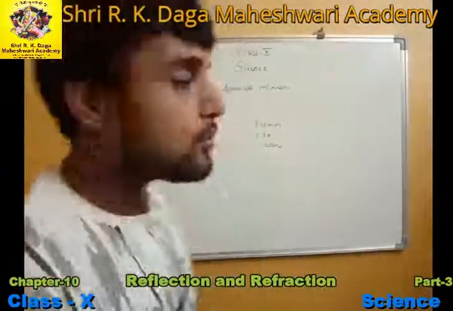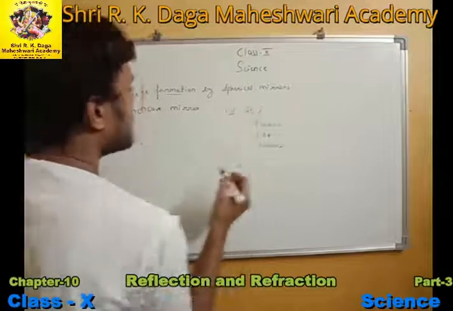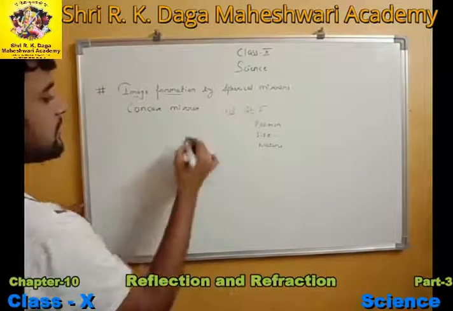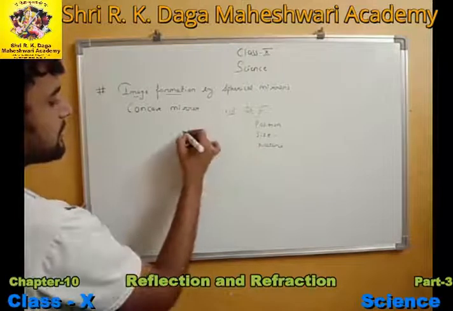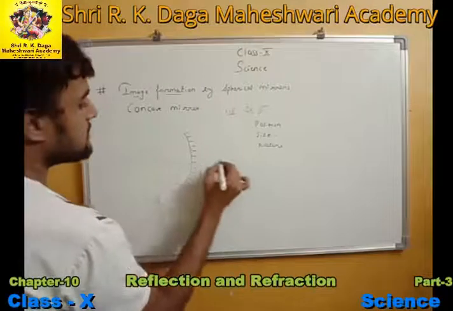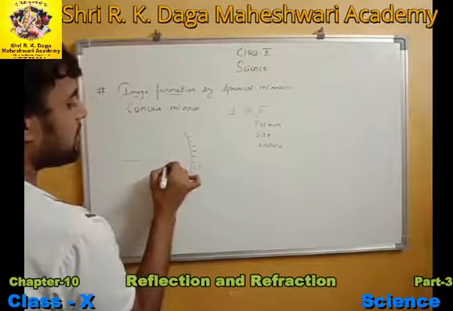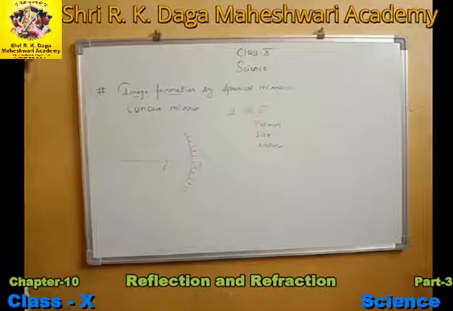Your object's new position will be at focus. Let this be a concave mirror. This is the principal axis. P is the pole, F is the focus, and C is the center of curvature.